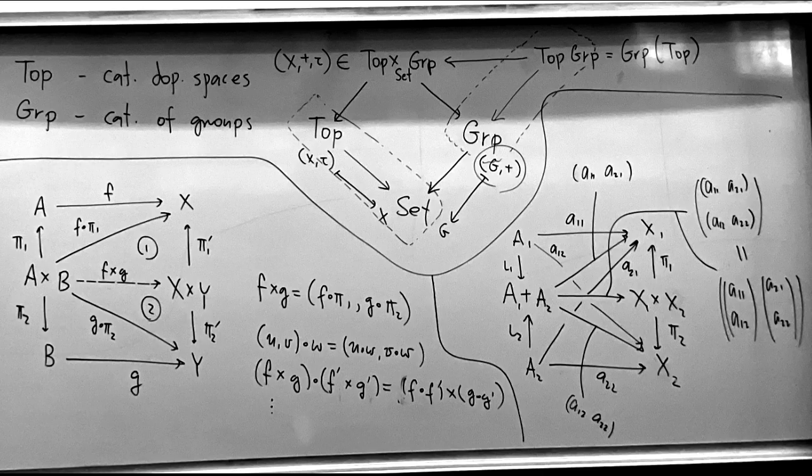This is one rule for the linear algebra of composition in a general category. Another rule would be that f cross g composed with f prime cross g prime is the same as f composed with f prime, cross g composed with g prime.